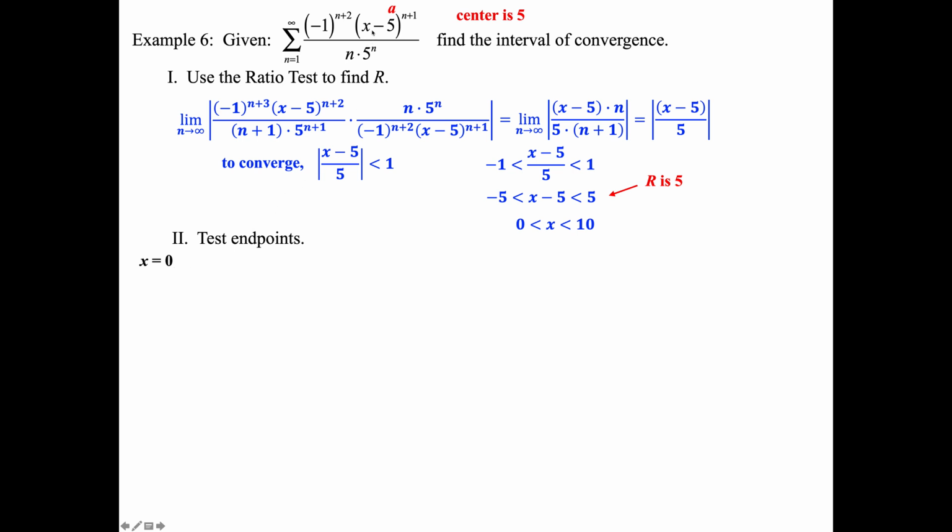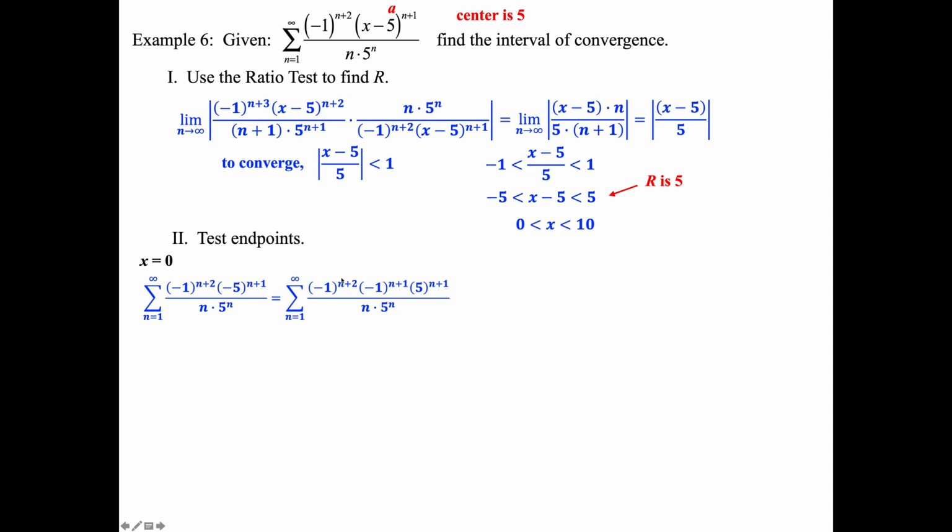So I put 0 in for x. That's going to leave me a negative 5 to the n plus 1 over n times 5 to the n. Since I already have a negative 1 to the n plus 2, I'm going to factor out this negative 1 off my 5 so I can compare my 5 with my 5 down here. So that's going to make this negative 1 to the n plus 1 power.